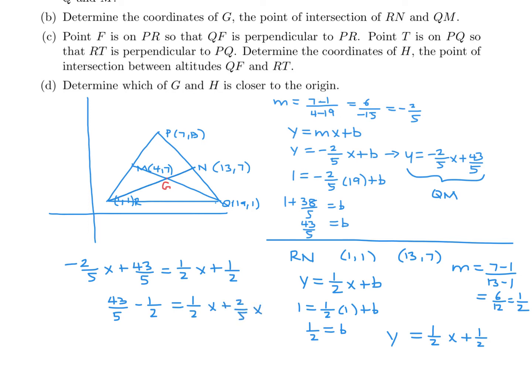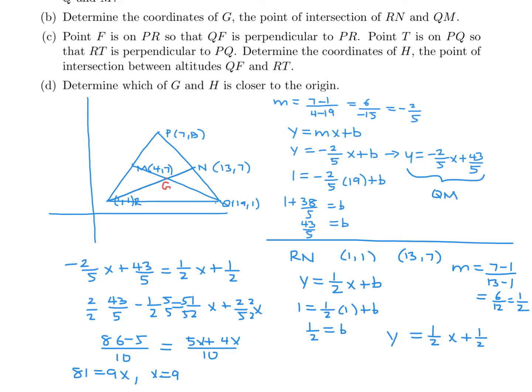Then you add these fractions and get a common denominator. Multiply top and bottom by 2, and top and bottom by 5. So this is 86 minus 5 over 10, and here 5x plus 4x over 10. So that looks like 81 equals 9x, and therefore x is equal to 9.